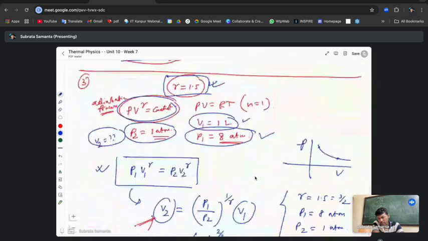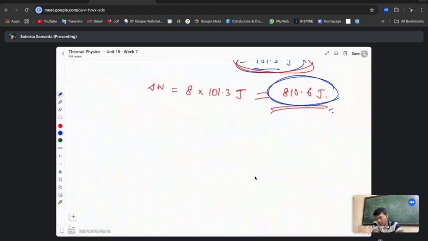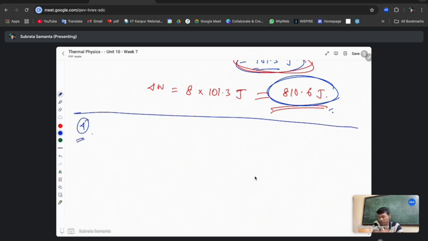Okay, let's go back to this. This is problem number 4. For the adiabatic process, PV to the power gamma equals constant.